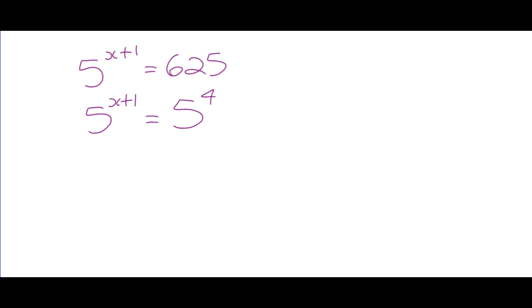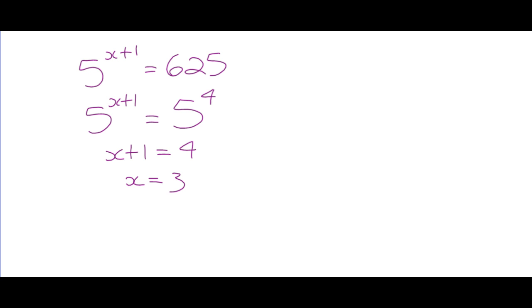What's the next line? Bases are the same. What do we do with the exponents? Set them equal to each other. So x plus 1 is 4. So what's x? 3, because 3 plus 1 is 4.